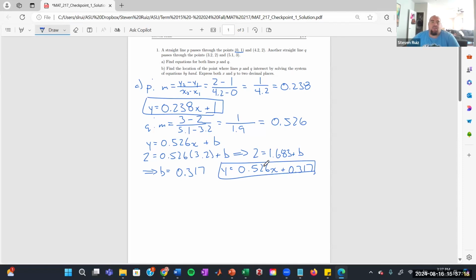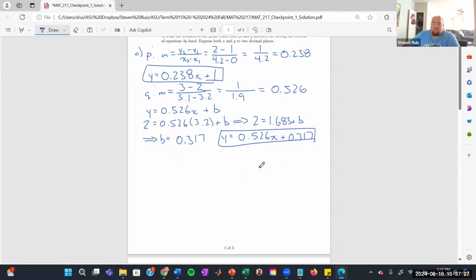I have the equations for both lines. And part B is to find the location of the point where those lines intersect. So I'm going to set those equations equal to each other. Here's one way to think about it. Y is equal to this expression here, which my cursor is over.